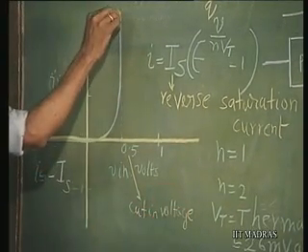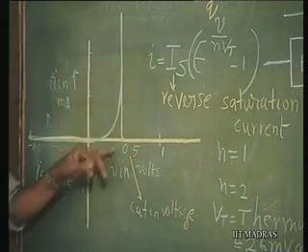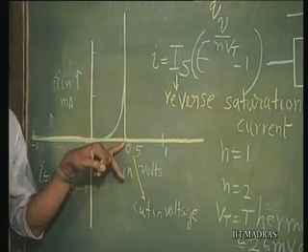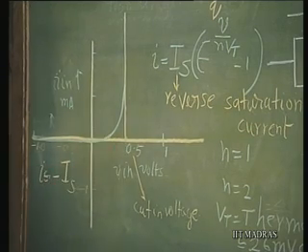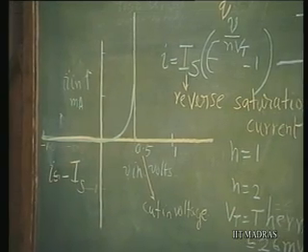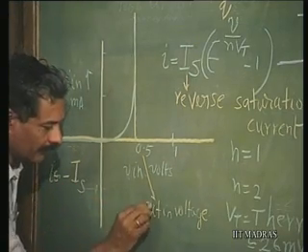What is cut-in voltage? I just try to draw this almost like a straight line and it intersects at a certain point where the voltage is about 0.5 to 0.6, and that is called the cut-in voltage of the diode.